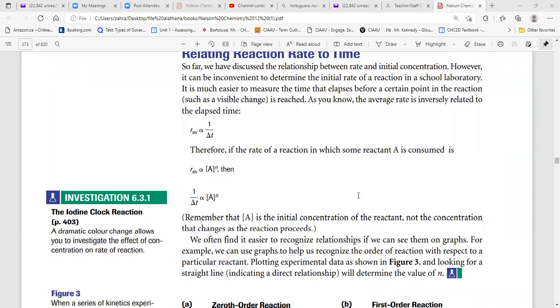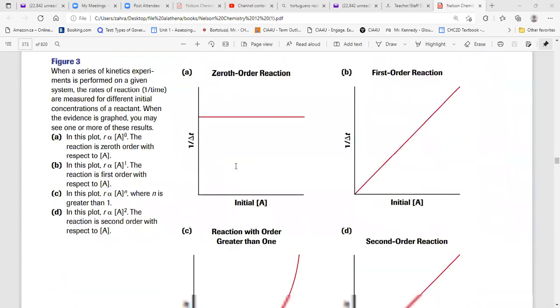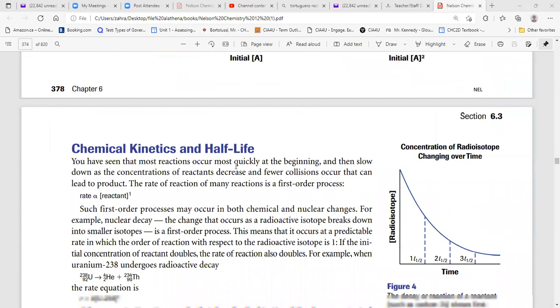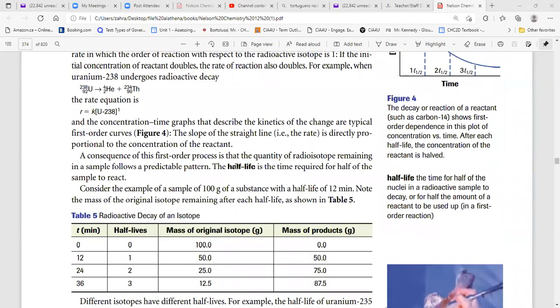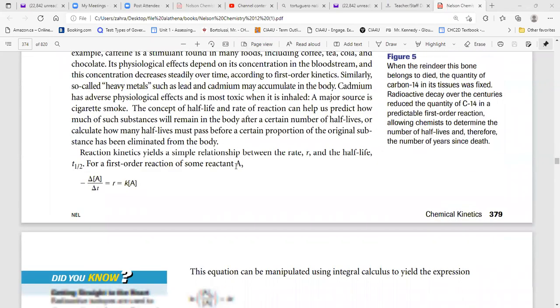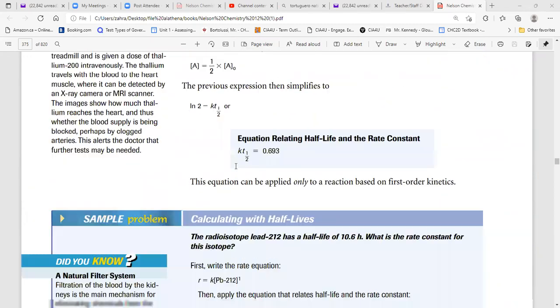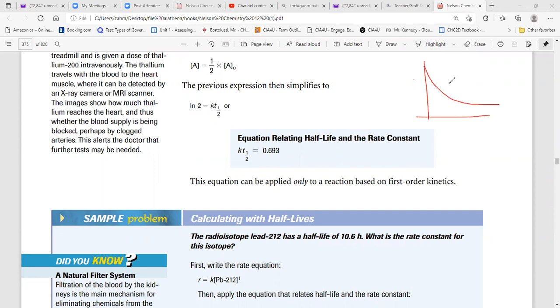So, relating reaction rate to time. Okay, when we're talking about the half-life, what is the half-life? Half-life is, if you have the decaying, say decaying starts like that.